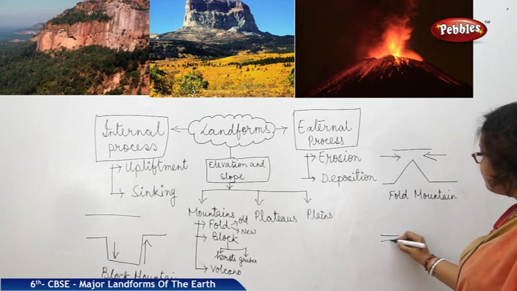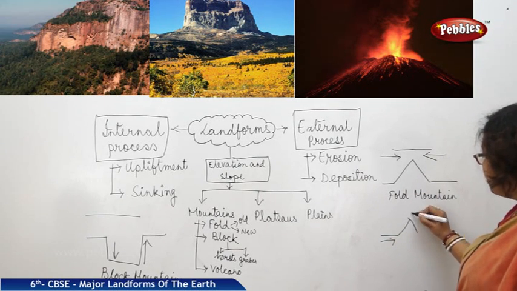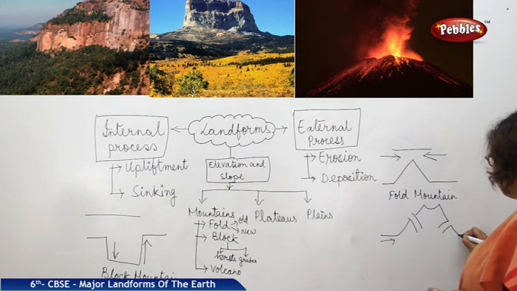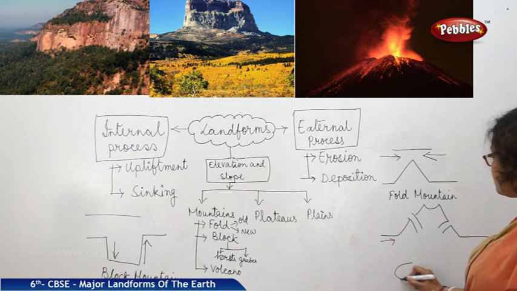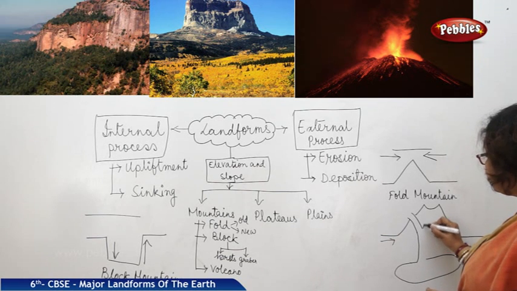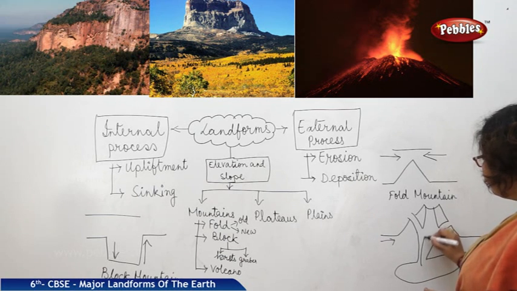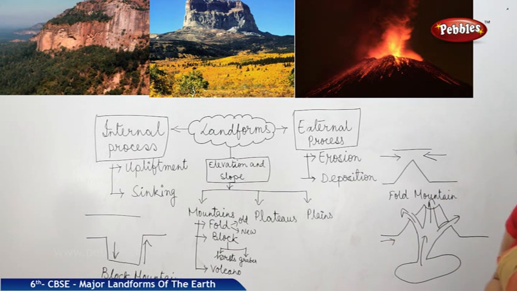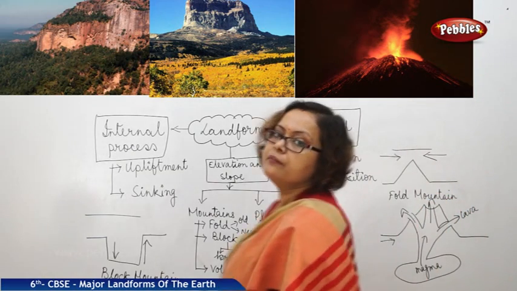They are also formed like mountains, but they have many channels through which lava and magma come out. Magma is deposited in a magma chamber in the earth, and using these channels, magma and lava come out onto the earth's surface. This is known as a volcanic mountain.